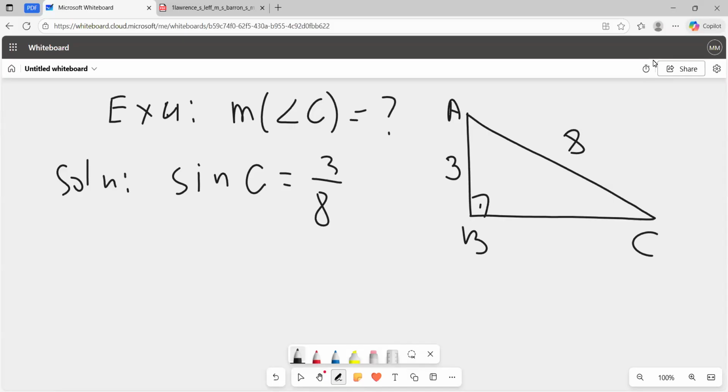It means that using a calculator, we can write angle C is equal to arcsine of 3 divided by 8. And it's equal to what? Let me find it.